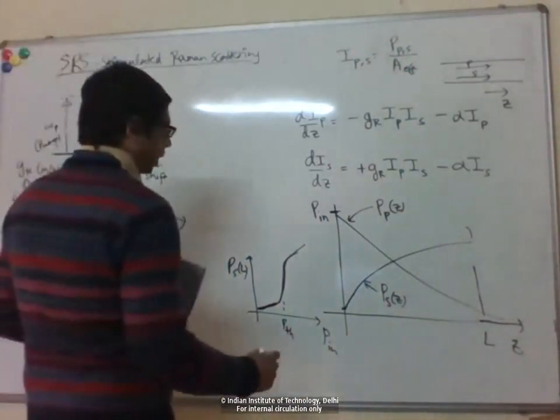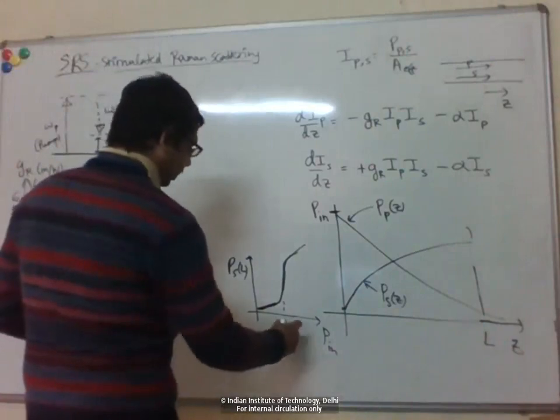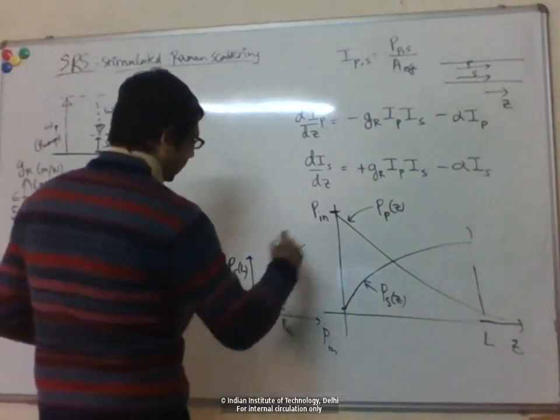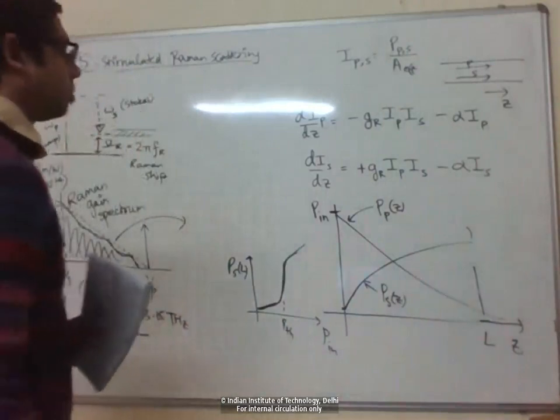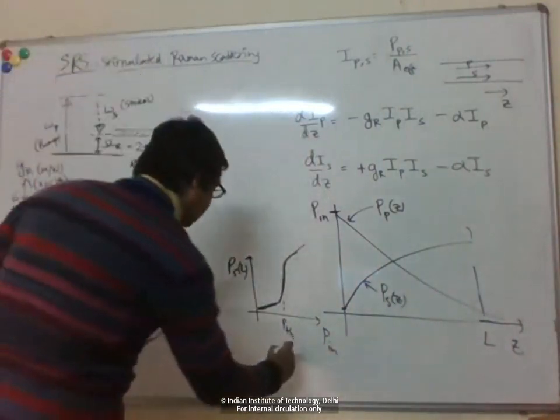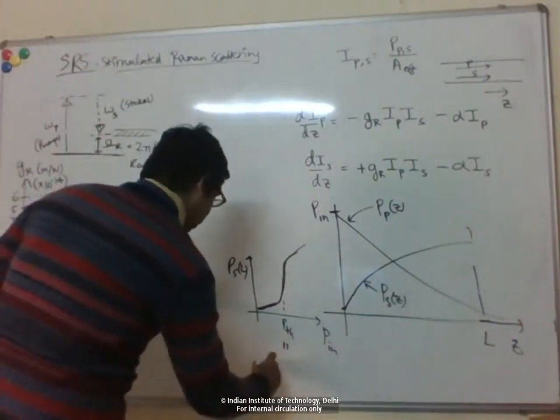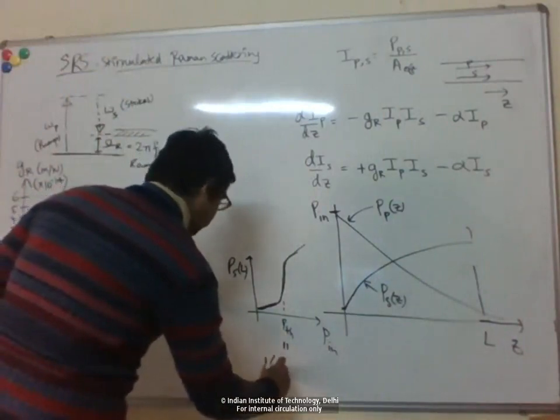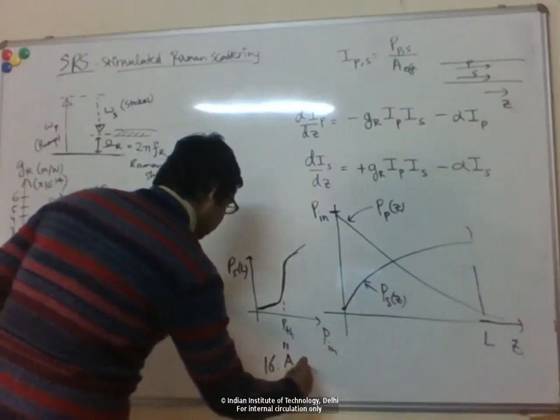So we can estimate again at what point this happens, by sort of numerically solving these. So that threshold for the Raman is again the same expression that we had for Brillouin.